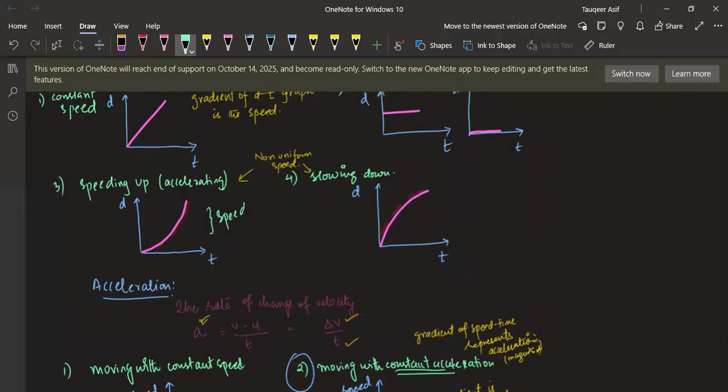So speed increases. Why? Because the rate of change is increasing. And over here, speed is decreasing. So this is called decelerating or deceleration.